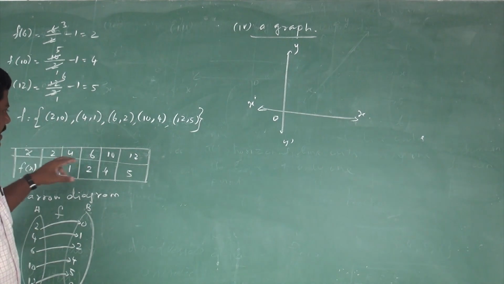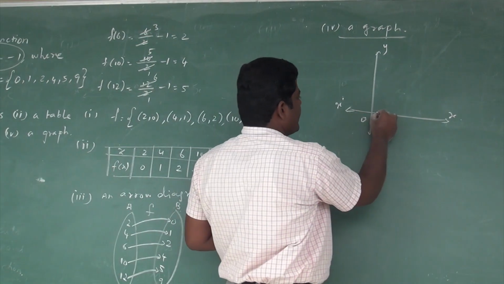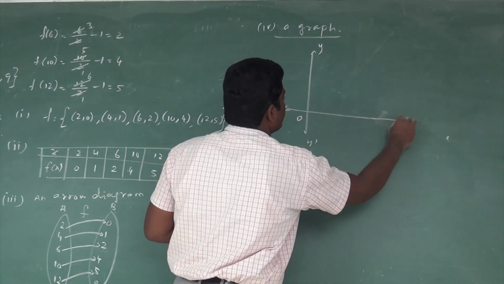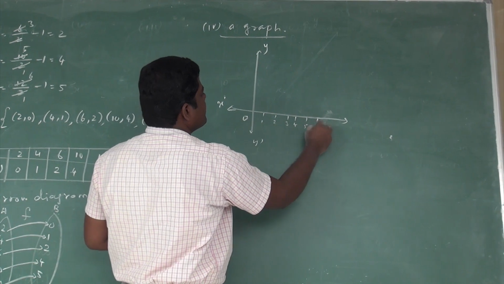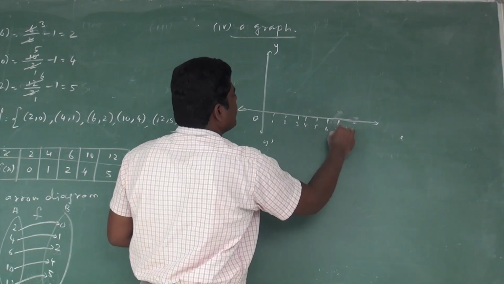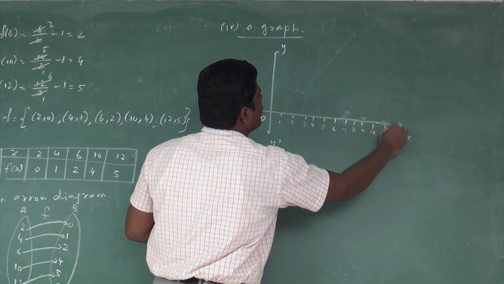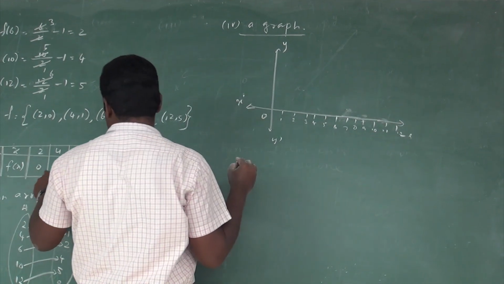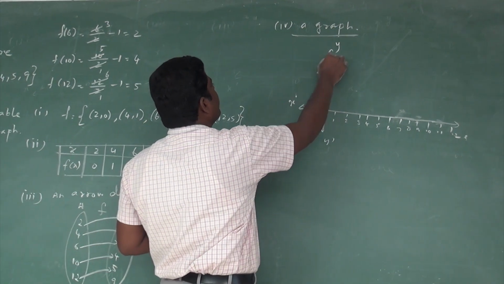In the x-axis we have maximum 12. So you take 1 unit: 1, 2, 3, 4, 5, 6, 7, 8, 9, 10, 11 and 12. In the y-axis we have up to 5: 1, 2, 3, 4, 5.